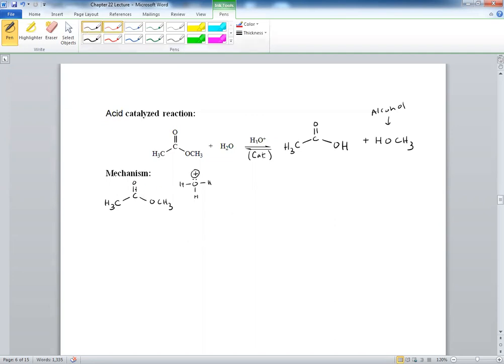You've seen this first step of the mechanism before: the carbonyl oxygen attacks the acid, becoming protonated, which, if you recall, makes the carbonyl carbon more electrophilic. Now water can attack as a nucleophile.